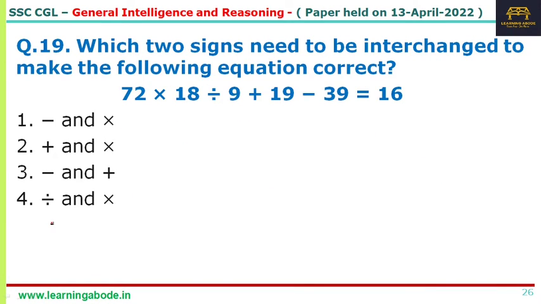Now question number 19, so which two signs should be interchanged so that you make the following equation correct? Okay, so now in this, most often when you get a question like this, the answer might lie with near division.